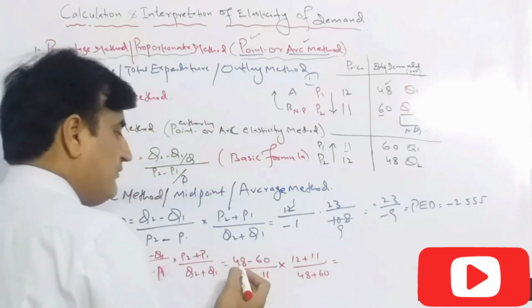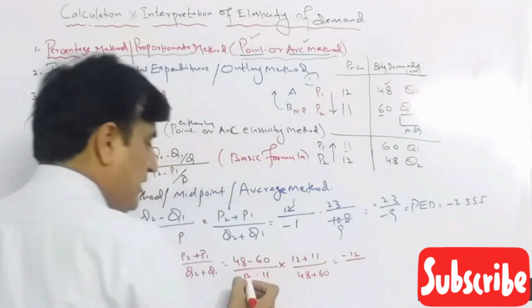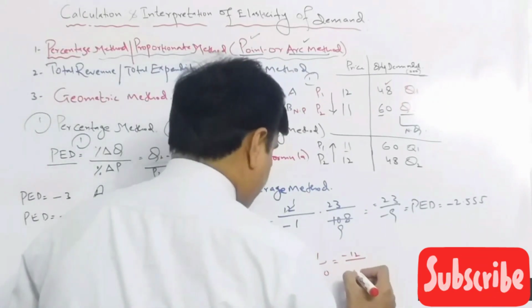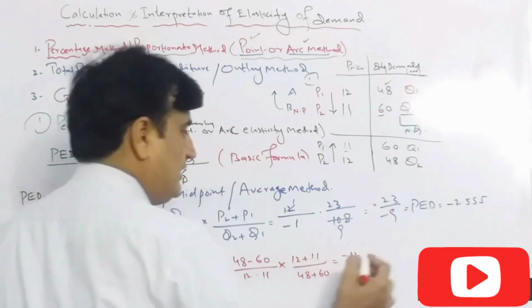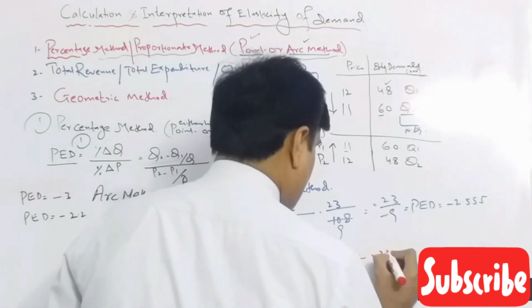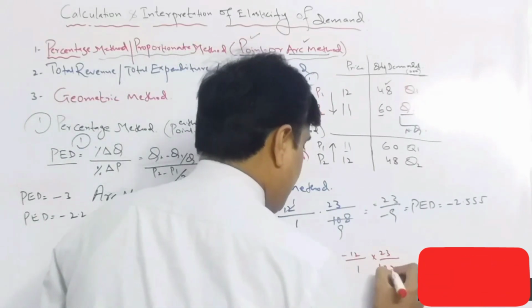Now we will solve it. 48 minus 60 is minus 12, upon 12 minus 11, which is 1, multiplied by 11 plus 12, 23, upon 48 plus 60, 108.